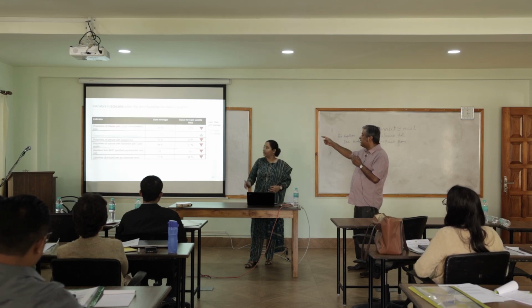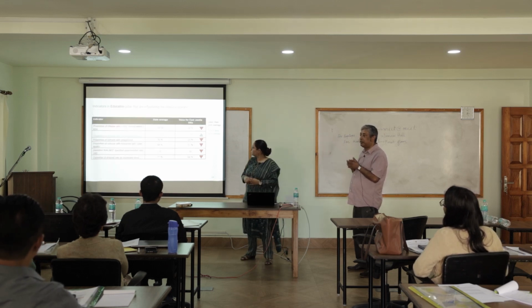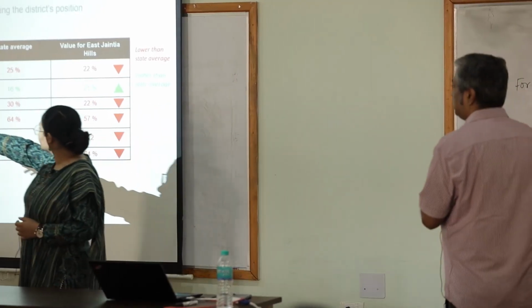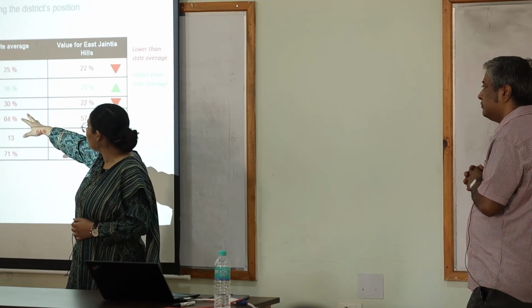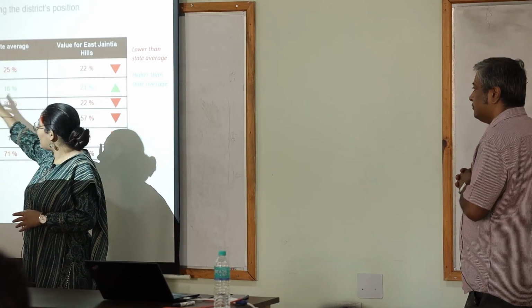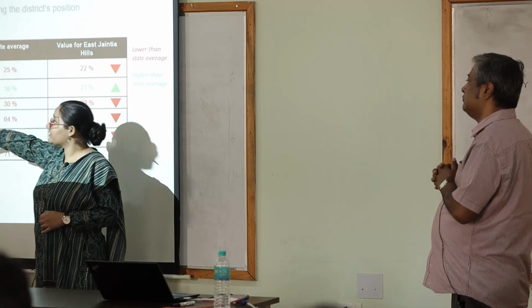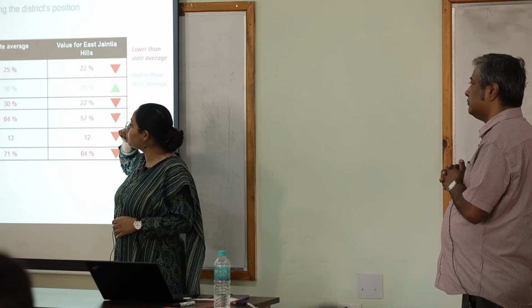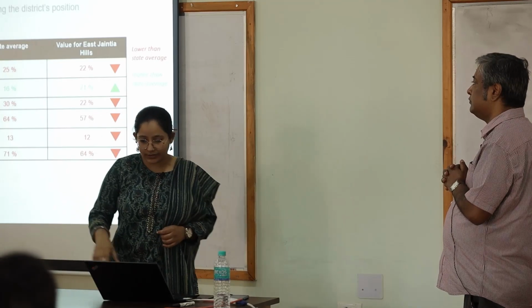And under education, almost everything is performed very badly, barring just one indicator, proportion of schools with functional electricity. Overall, 16% of schools on average in the state had access to functional electricity, while in East Denshire Hills it was 21%.